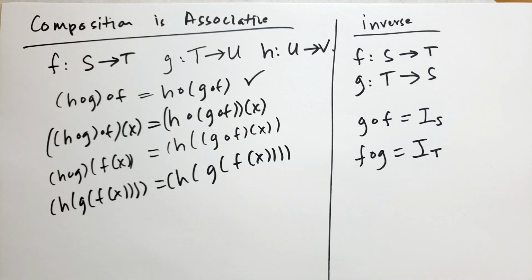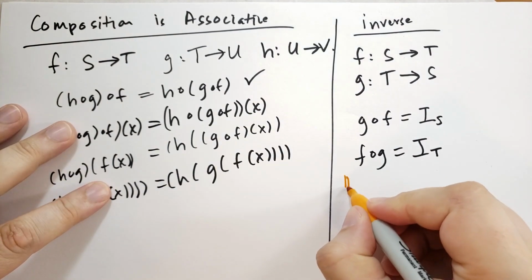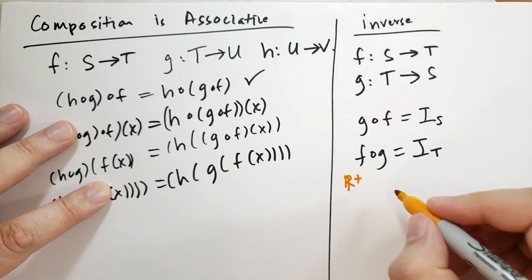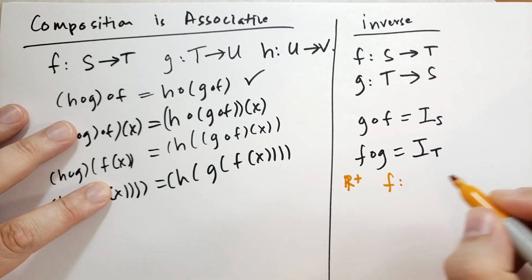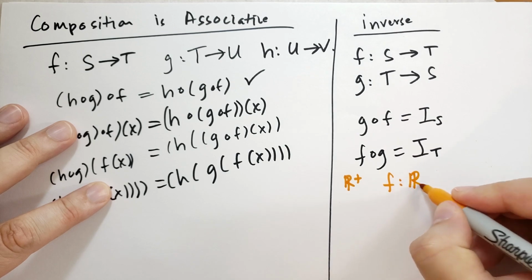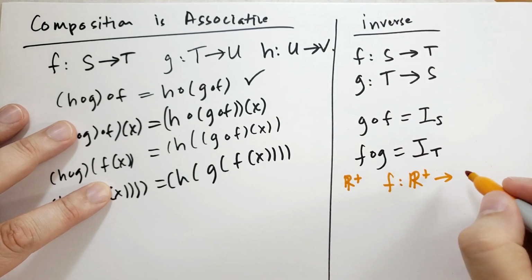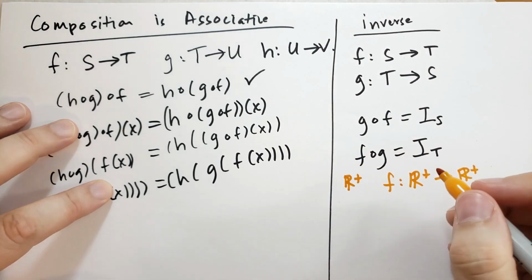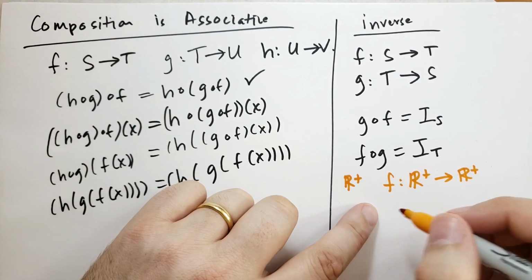Let's look at some examples of this. There are a few. Let's use orangey. So in this, we have R plus denoting the positive real numbers. And so we have a mapping F that takes R plus and maps that to R plus. So the positive real numbers, okay? And this is actually the square.